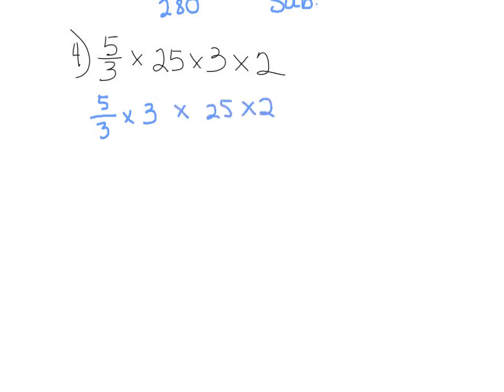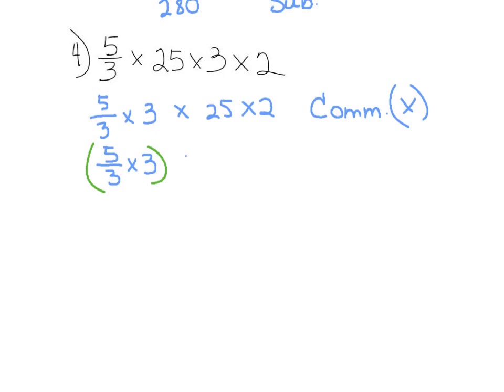See, multiplying 5 over 3 by 3 is going to get rid of the fraction. I'll have a whole number. Which property lets me change the order that way? It's called the commutative property of multiplication. All right, so the next thing I would like is to be able to group the 5/3 times 3.